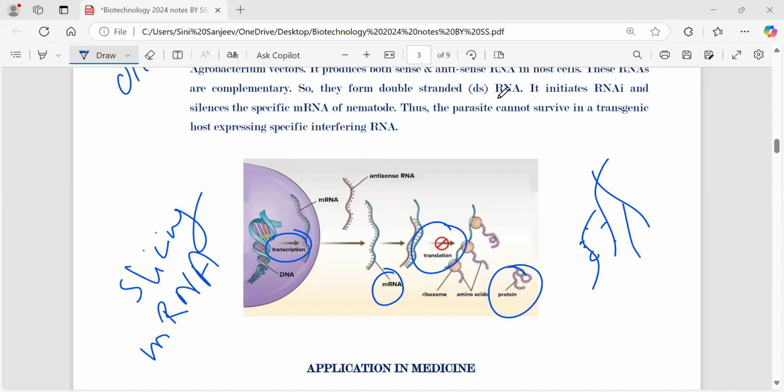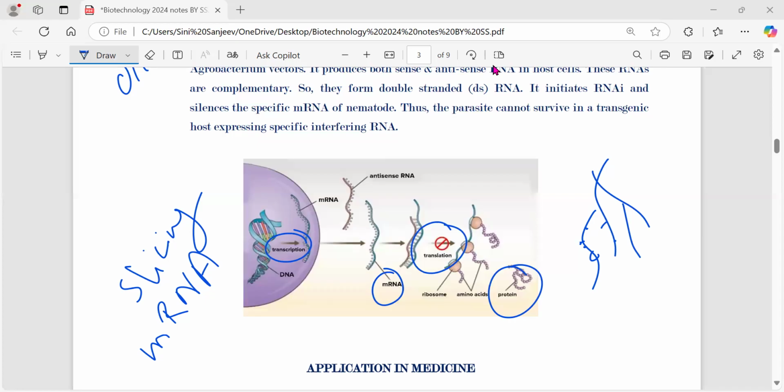Whatever the source of this complementary RNA is, there may be chances that they are from an infected virus, or they are having the RNA genomes of what? The infected virus. So we use this RNAi, or we use this RNA, as an intermediate to attack that particular complementary RNA, which is producing what?